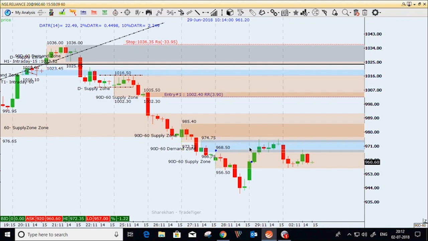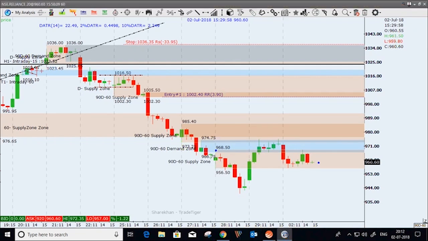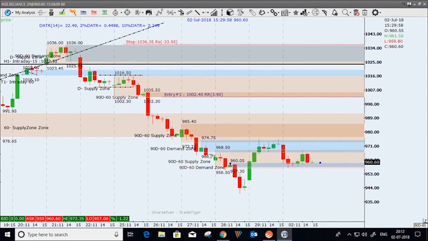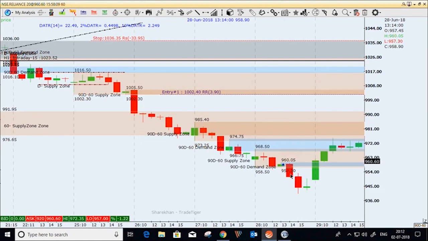Should I call this supply? It got engulfed, price closed above. No. Okay, there is another drop-base-drop here. Can I call this an authentic supply? Yes? Okay, so the base candle as per you is not touching the base candle of the above zone.